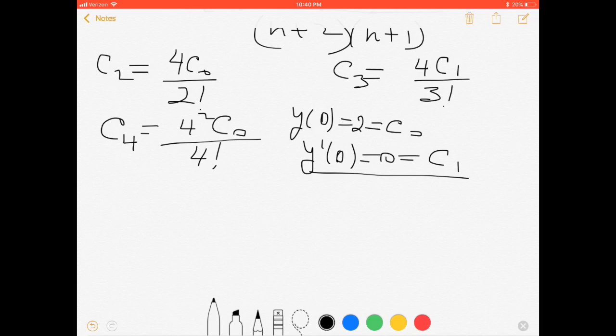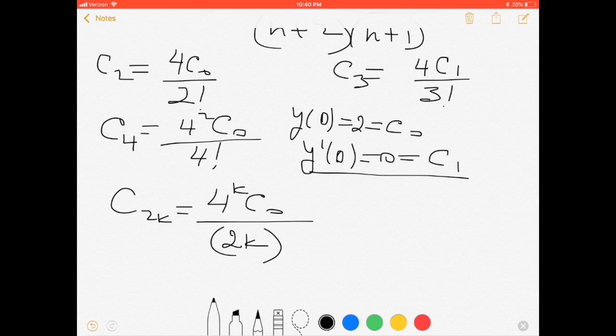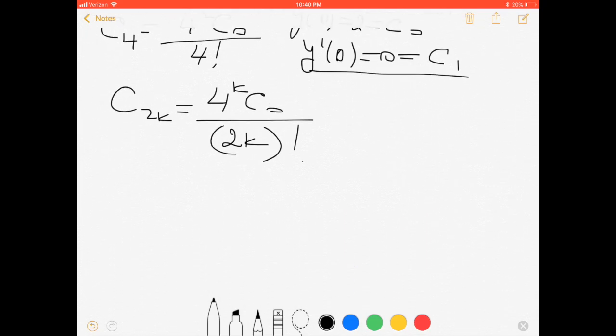This means we have even coefficient c2k will be 4 to the k times c0 over 2k factorial. If you use this fact, then plugging in 2, finally you have 2 to the 2k plus 1 over 2k factorial.